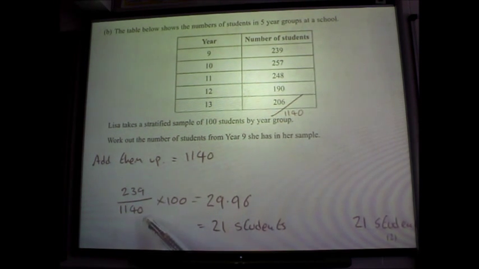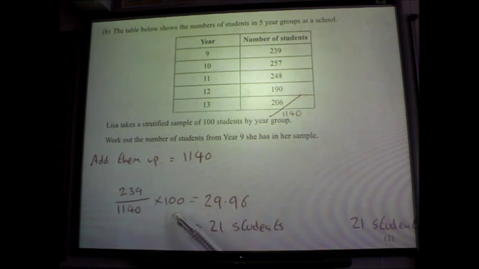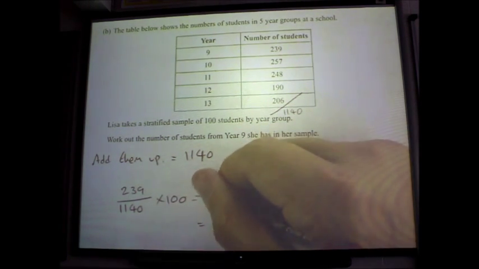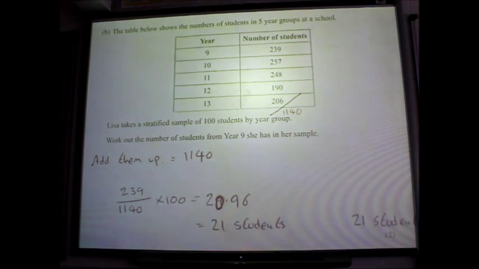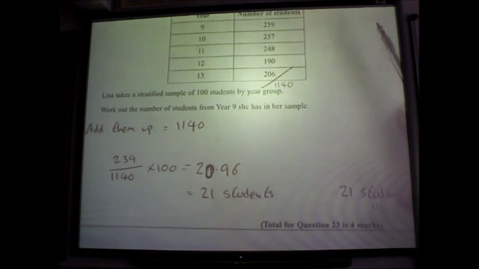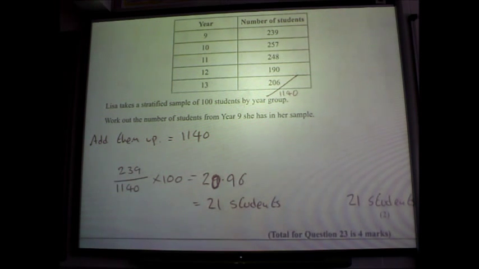And you do that by dividing them, multiply it by 100, and that gives you 20.96. You can't have 20.96 students, so we round it up to 21. And that is your answer for that one.